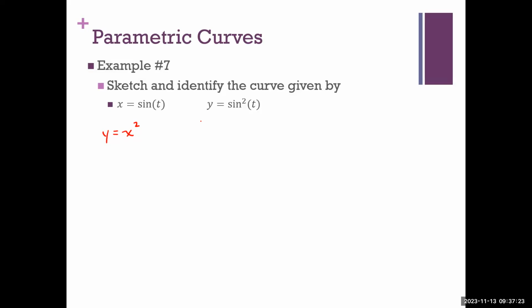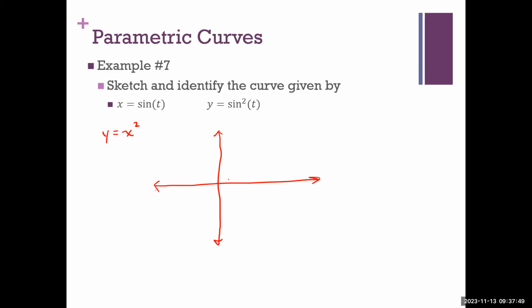Yeah, that's absolutely true. These parameterizations don't make a lot of sense. If I have a curve y equals x squared, that's pretty simple to relate x and y to. That parameterization makes it a little harder to see. So do we know what y equals x squared looks like?